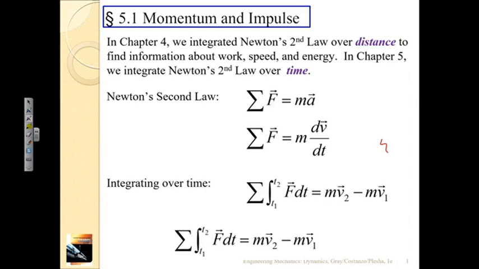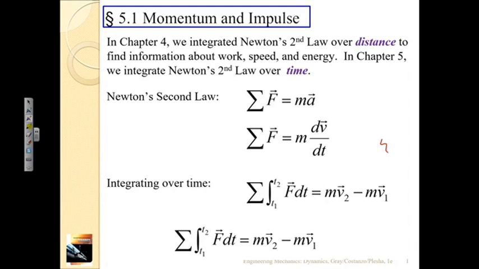So we started with Newton's second law, integrated it over the path, and we got something that looked like kinetic energy plus potential energy plus the work between the two states is equal to the kinetic energy at state 2 plus the potential energy at state 2. This work, we said, was from the non-conservative forces because we pulled out the work done by the conservative forces, namely gravity and spring forces.